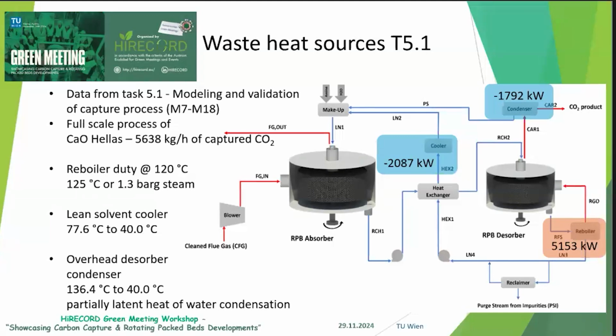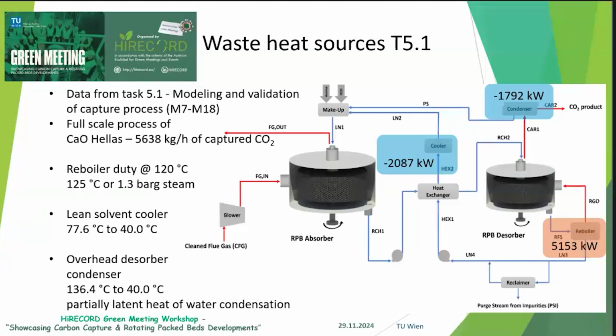Here we assume that the reboiler duty is at 120 degrees, and to allow for an approach temperature inside the heat exchanger, we assume that we use 125 degree steam to provide this heat at 120 degrees.